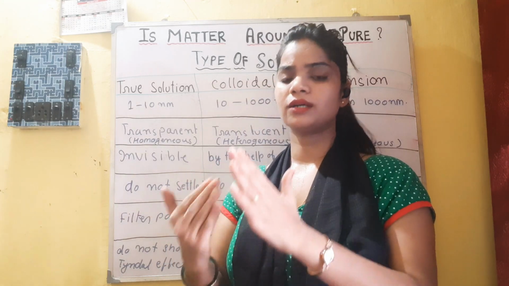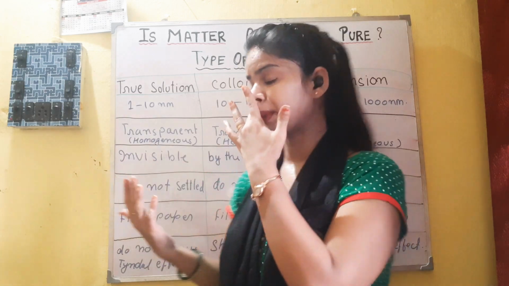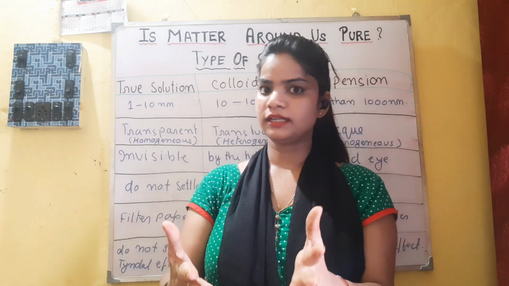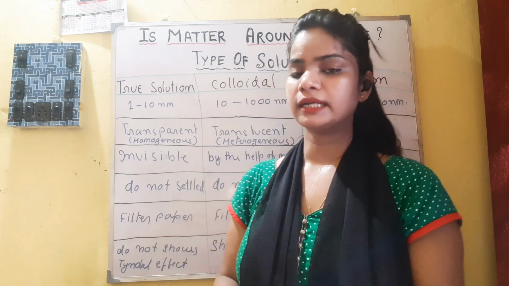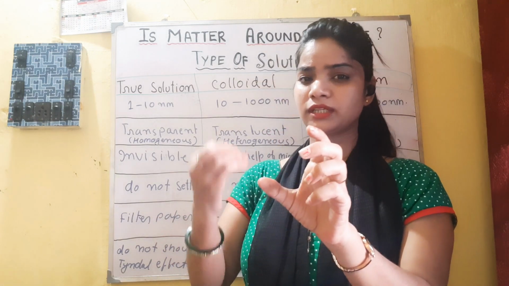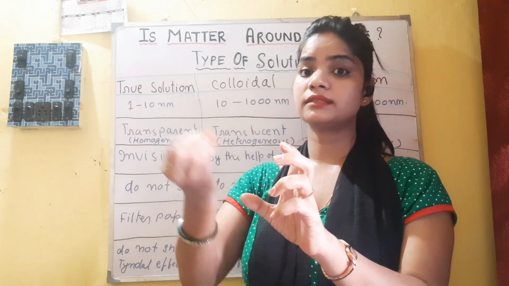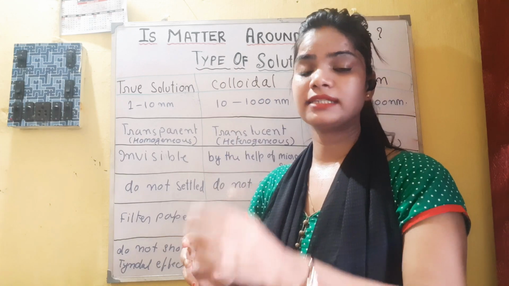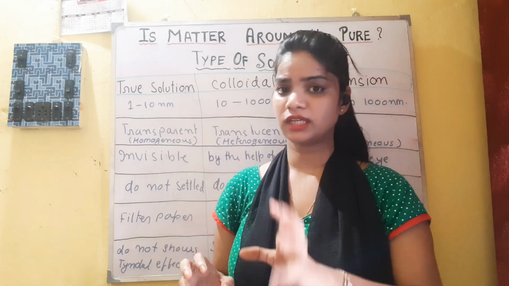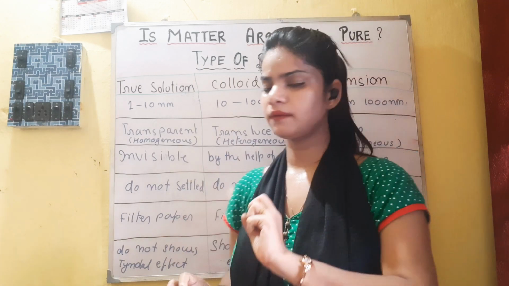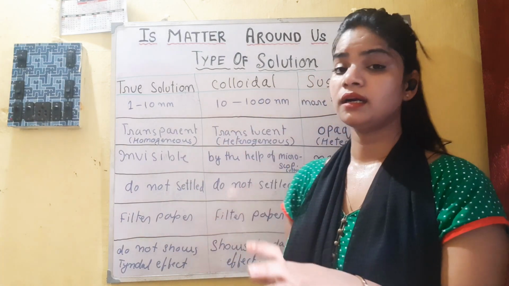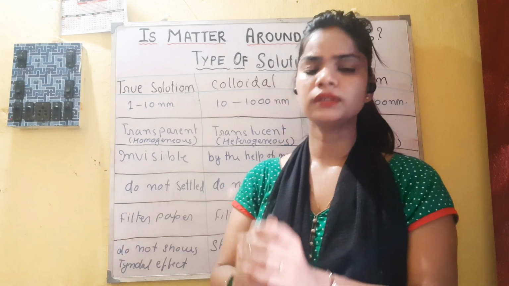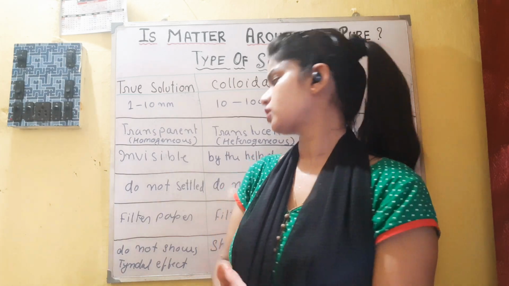We cannot see clearly from both sides. We need an ultra microscope, a very fine microscope, to see the particles of milk.